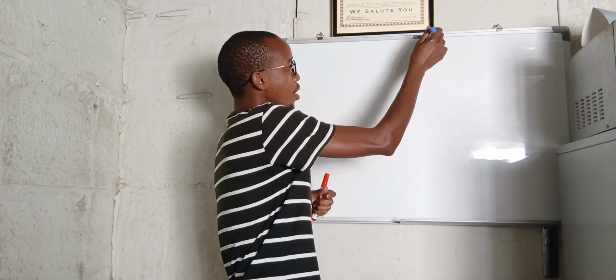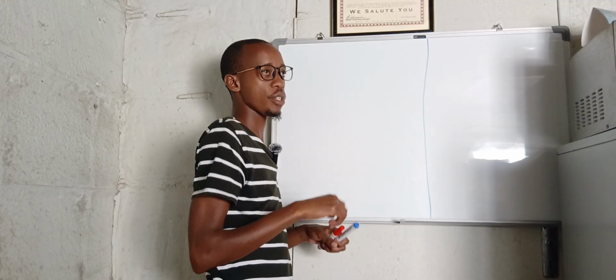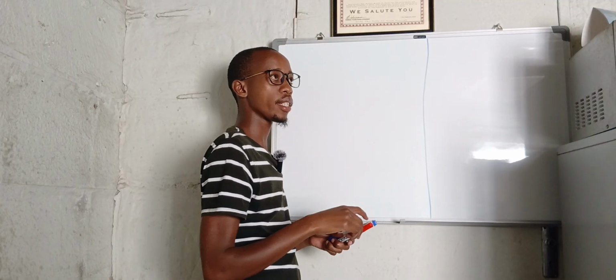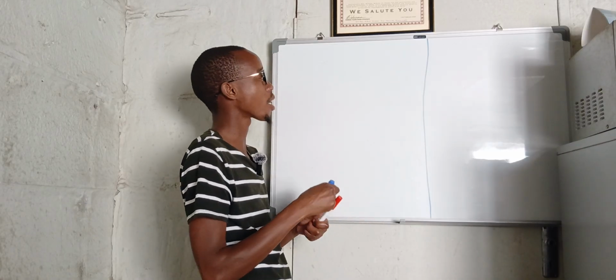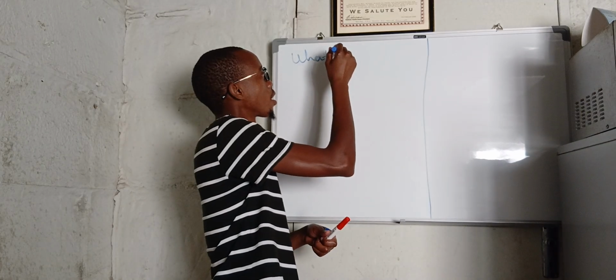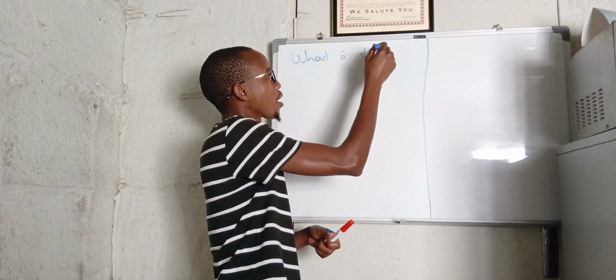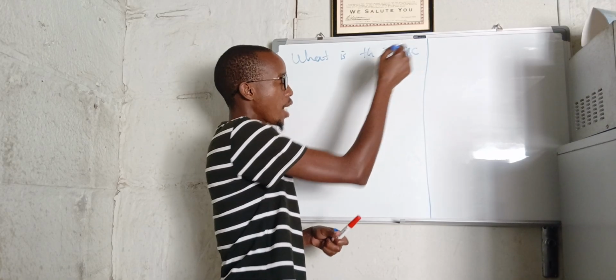The examiner will not say to you, give us the name of this molecule, or rather write the naming or nomenclature of this molecule. The examiner is going to ask you, what is the IUPAC name of a molecule?